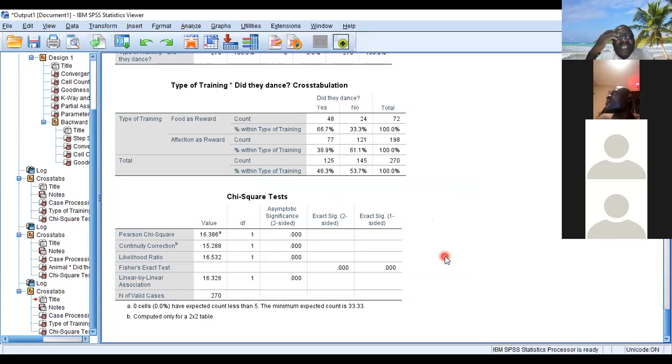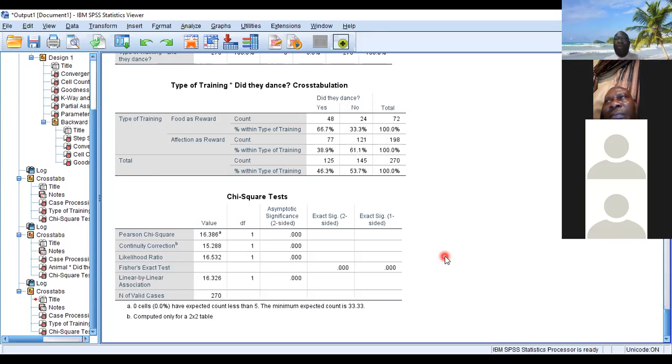It's okay to say food as reward is what makes animals dance very well. But until we separated it and did a stratified analysis, you would not discover that food makes cat dance more, while affection makes dog dance more. That is why the analysis just puts everything together to see, but the interpretation is left for you.